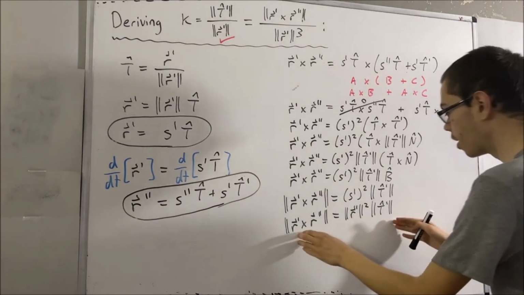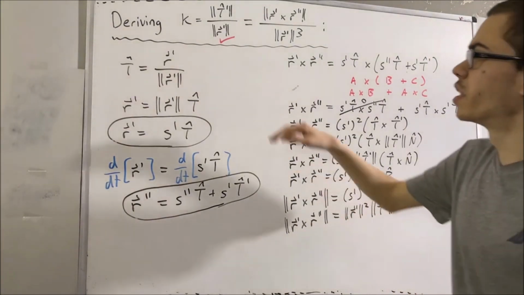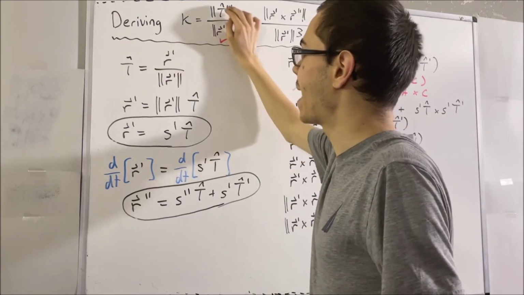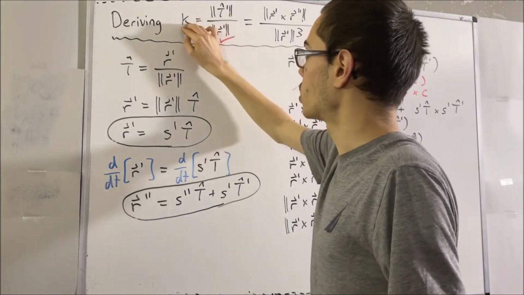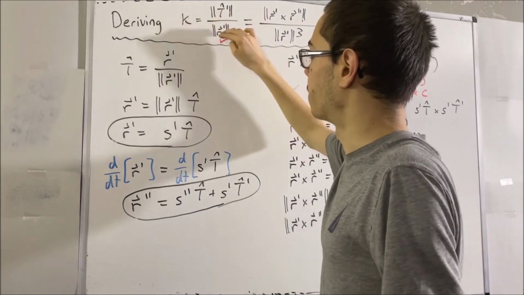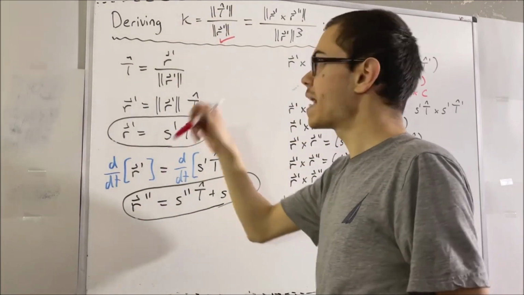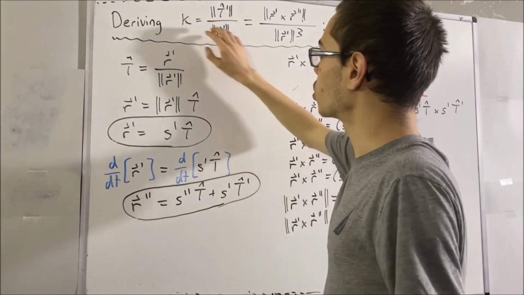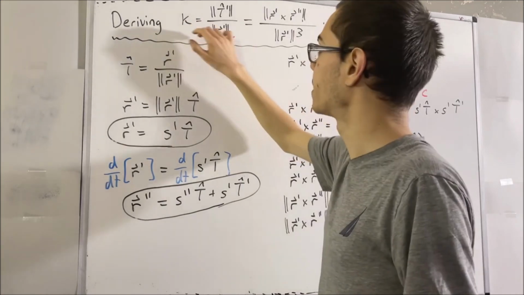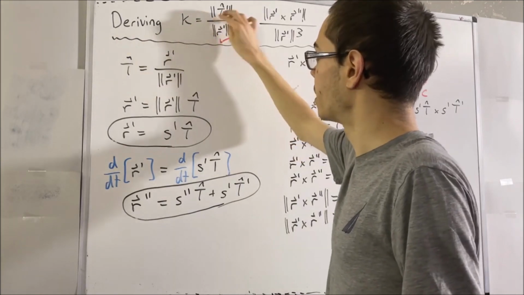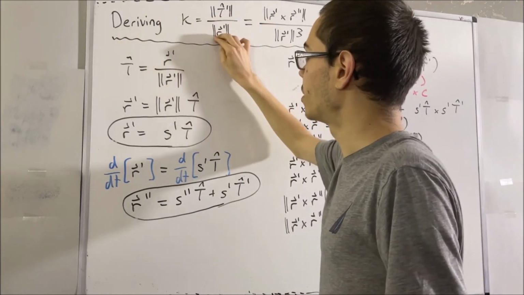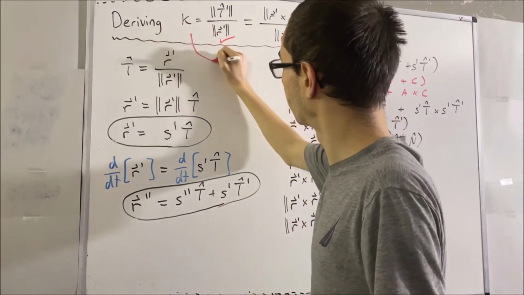And what we're going to do from here is go back to the other formula that we now have for curvature, which is curvature equals magnitude of t prime divided by magnitude of r prime. But now I think it's pretty clear to see if we multiply magnitude of r prime on both sides, we get that magnitude of t prime is equal to magnitude of r prime times the curvature.